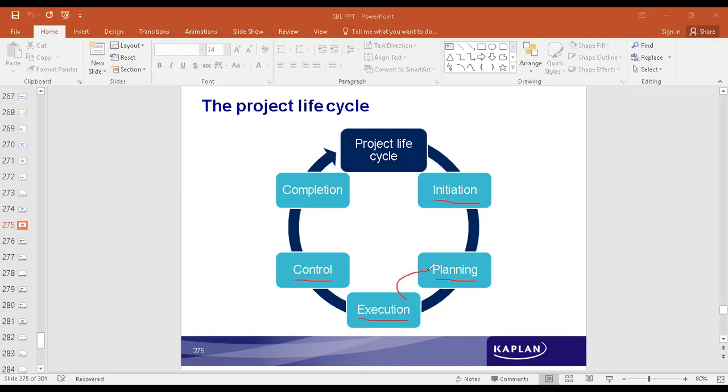If it is found that there are some deviations, if the implementation is not as per the plan, then measures are taken to control those deviations, and finally ensure that the project is completed according to what was initially planned or proposed. So these are the stages in the project life cycle.